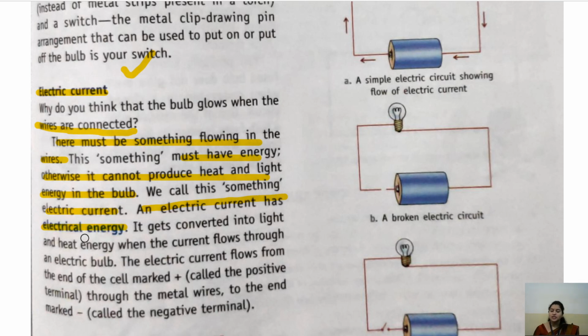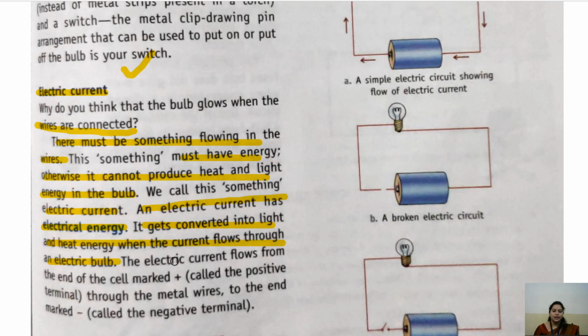And because of this electrical energy, heat and light is produced. It gets converted into light and heat energy when the current flows through the electric bulb. Getting it? So this electrical energy is getting converted into light and heat energy.